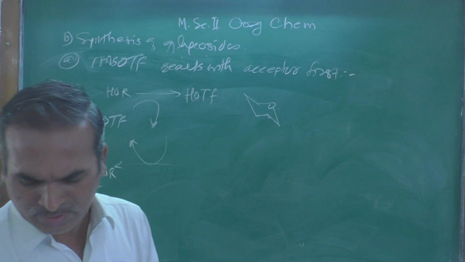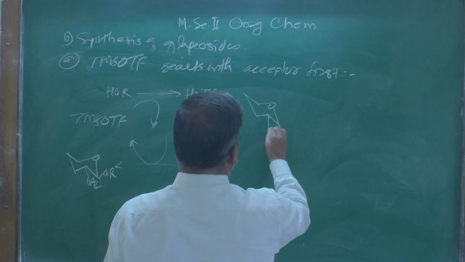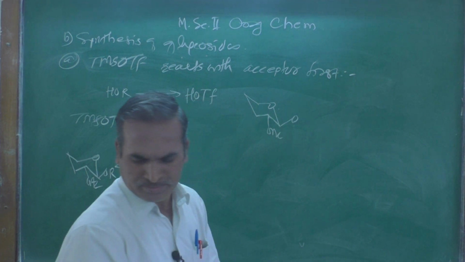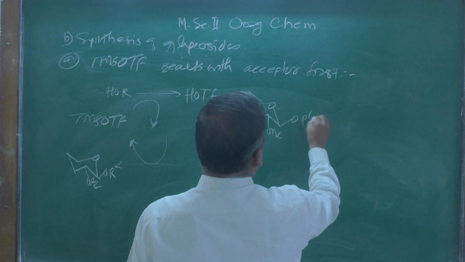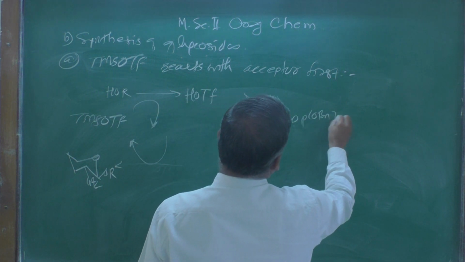After that we will get OAc, then O, P, OBn twice.